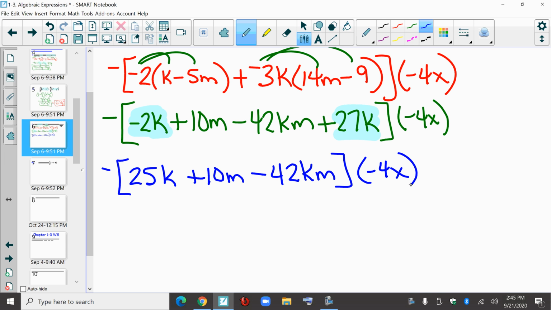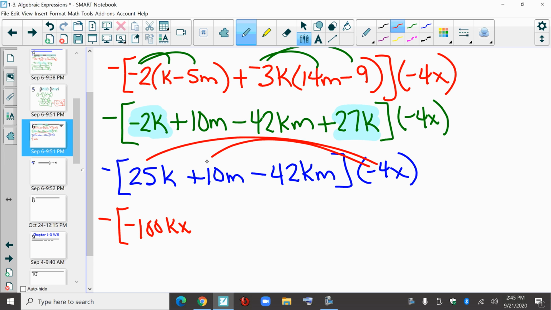From here, I'm going to then distribute the negative 4x. Drop down the negative in the bracket. That's going to give me negative 100kx minus 40mk. 42 times 4 is going to be 168 positive, because a double negative creates a positive, kmx.